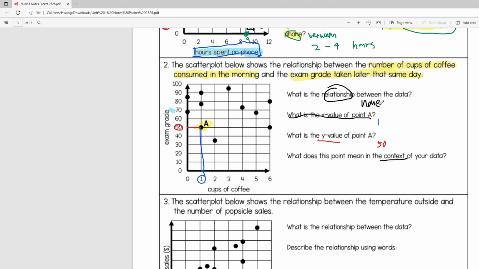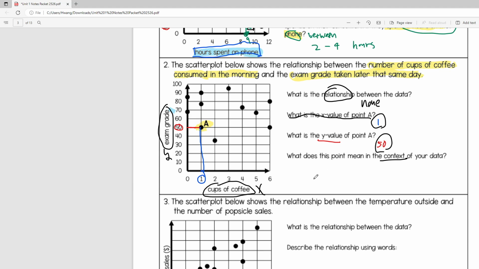Now we have to write what this number 1 and number 50 means in context, and always read the question, identify the independent and the dependent variable. The X stands for cups of coffee and the Y stands for exam grade.